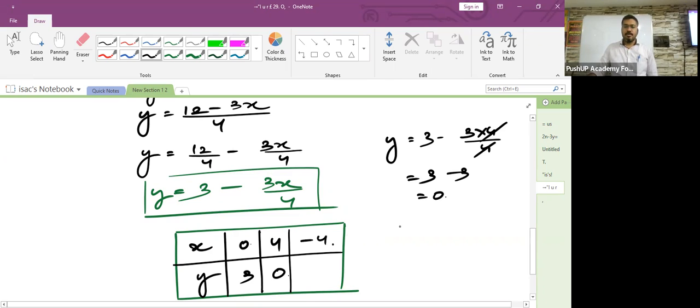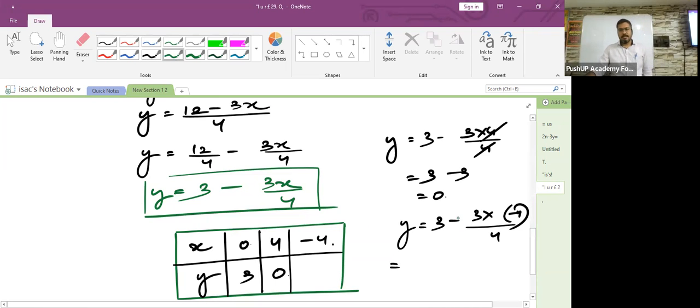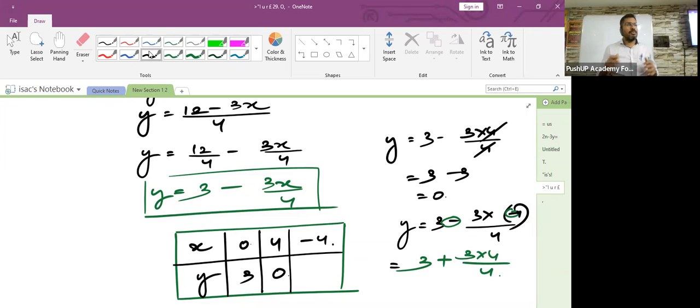So we'll take minus 4. So y will be 3 minus 3 into minus 4 by 4. This minus sign and this minus sign will get combined. So minus minus is what? Plus. So 3 plus 3 into 4 divided by 4. Whatever way I teach you in the class, if you follow it in the exam also, you will never make any mistake.